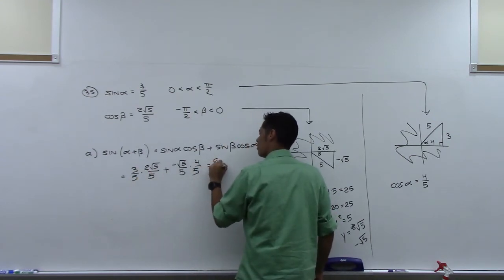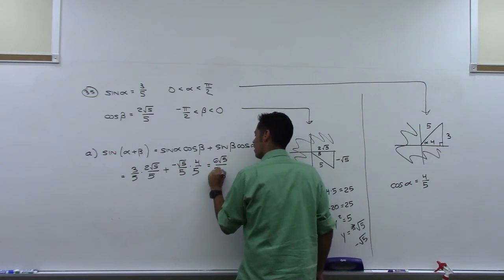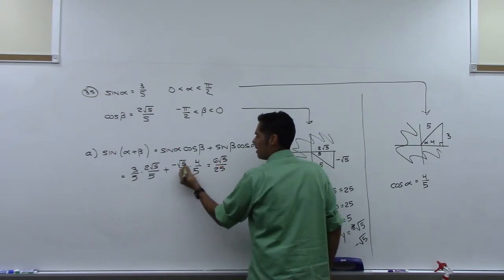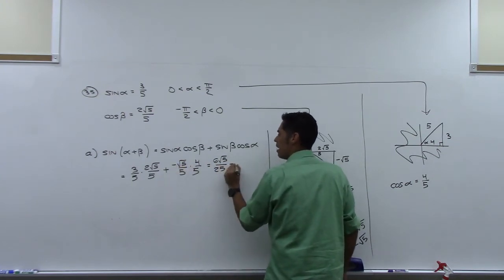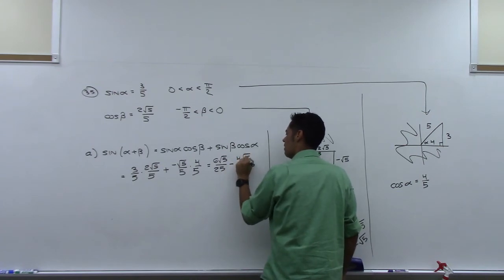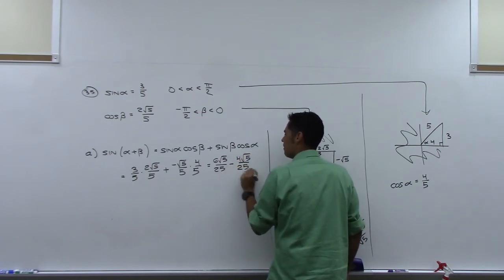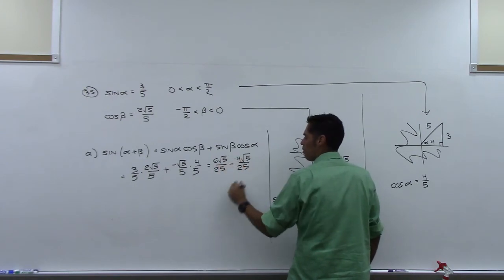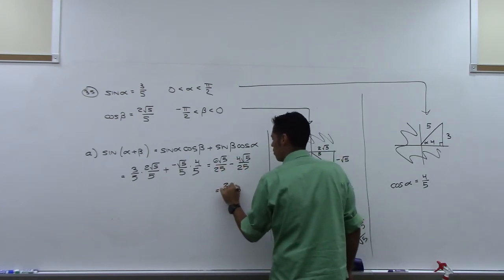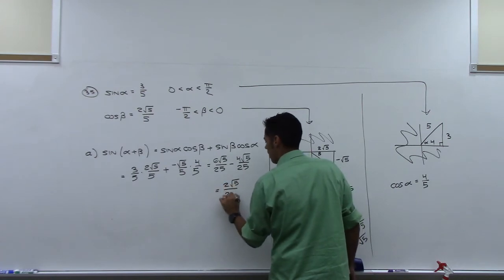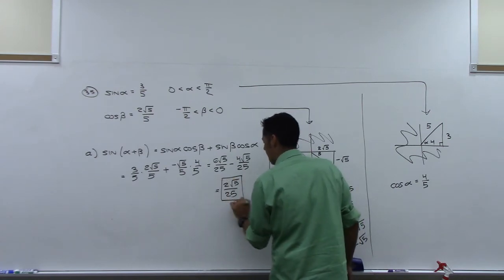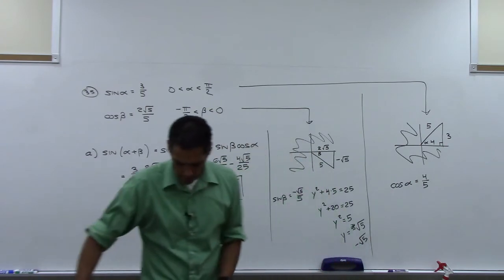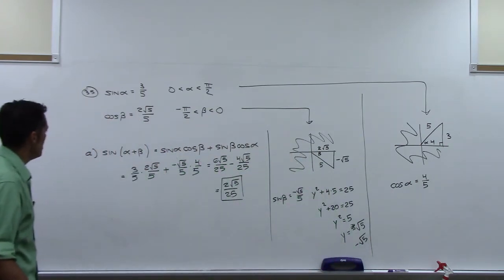We should get 6 root 5 over 25. Then we're going to have a minus because we only have one negative up there. So minus 4 root 5 over 25. And so these are like radicals. So 6 of these minus 4 of those, that leaves us with 2 of them. So 2 root 5 over 25. Okay, so that is the answer, sine of alpha plus beta.